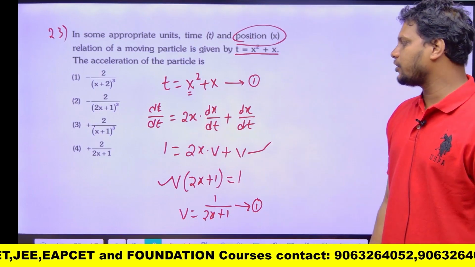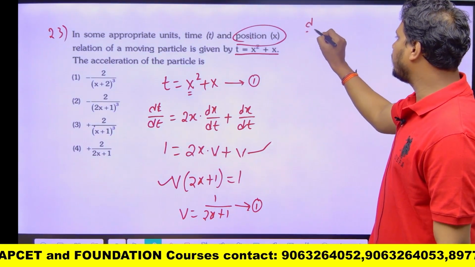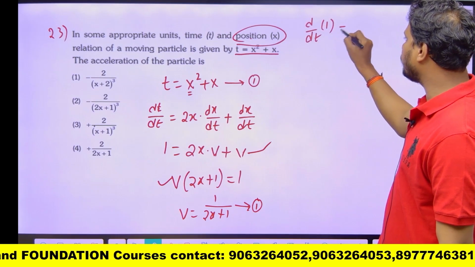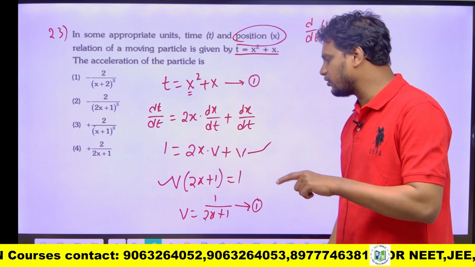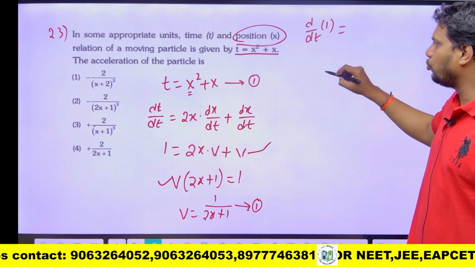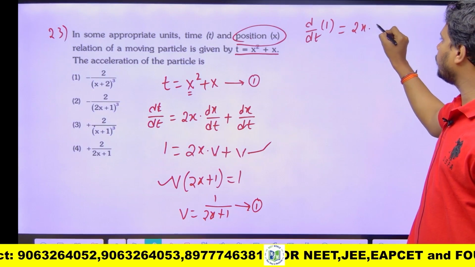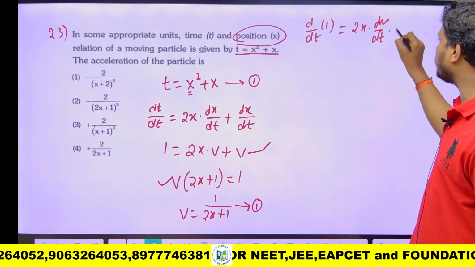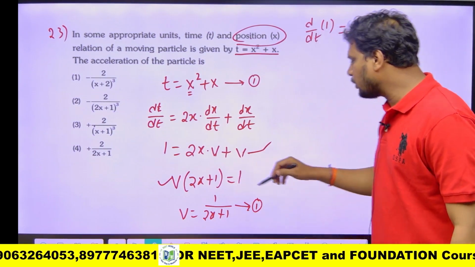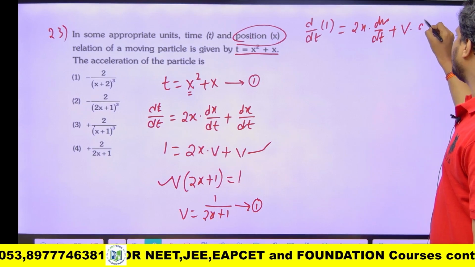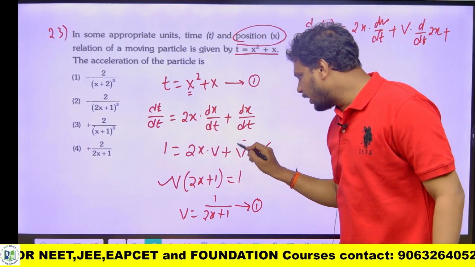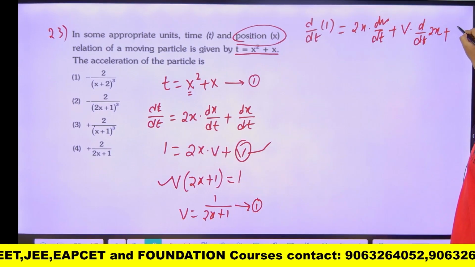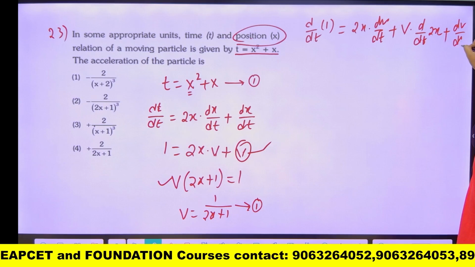Now I'll take this equation for my easiness and differentiate it once again. Then we have d by dt of 1, which is a constant, is equal to, here two variables are there, one is position and another one is velocity, so we have to use the uv formula. Then 2x into dv by dt is the first term, and the second term becomes v into d by dt of 2x, plus, taking the differentiation of the second term, dv by dt.